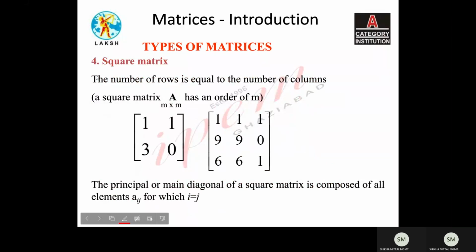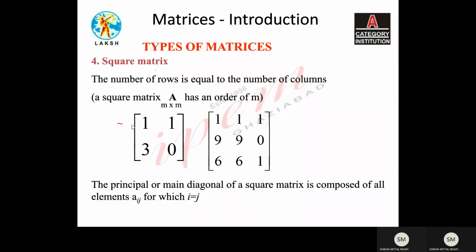The fourth type of matrix is square matrix. Square meaning the number of rows is equal to the number of columns. A square matrix A, M by M, has an order of M. As in the first example, the number of rows is 2 and the number of columns is also 2.